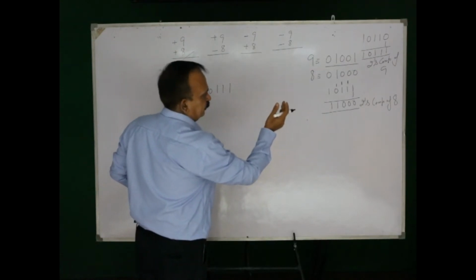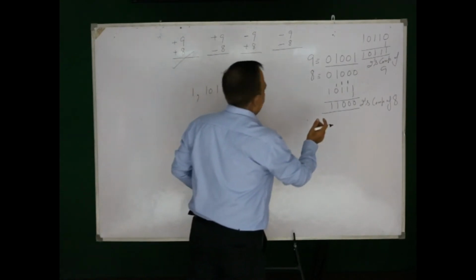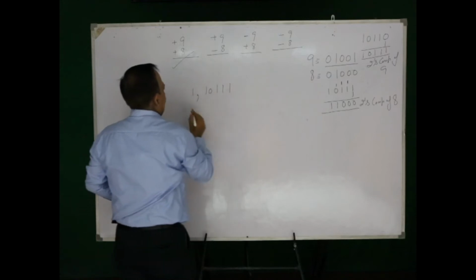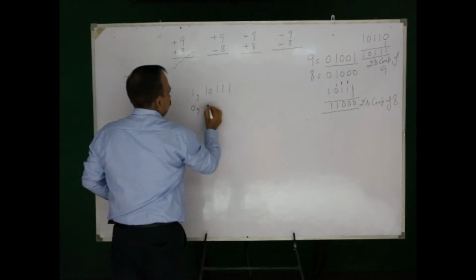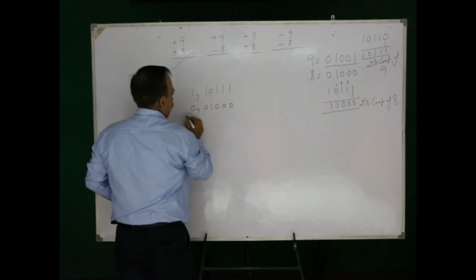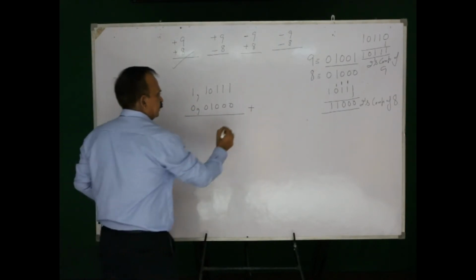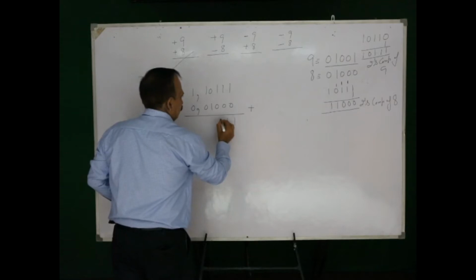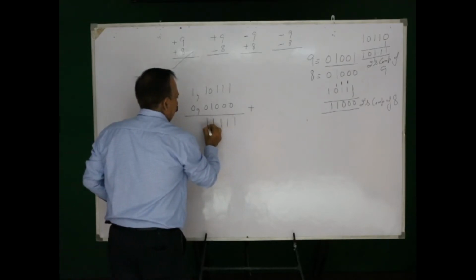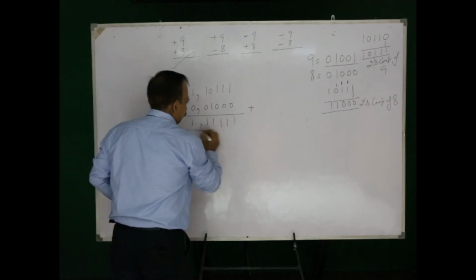And the second number is 8, that is 0 1 0 0 0. This is 8. Add. It is 1 1 1 1 1 and 1.